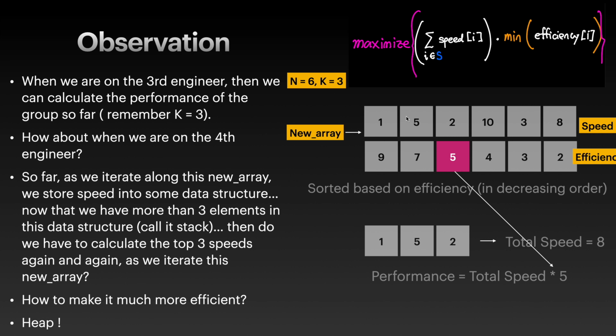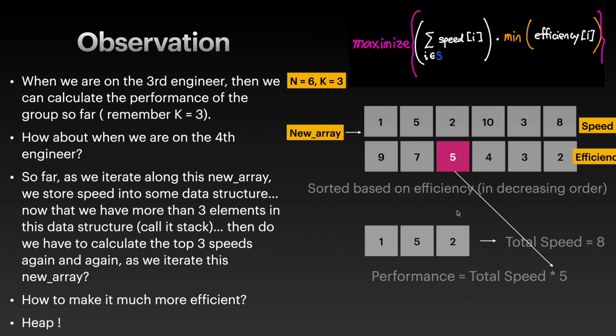So there will be these three engineers. The efficiency will be 5 right here. We don't have to take the minimum here because we are in decreasing order, and as we iterate along, this will be the minimum here, right? And then we just have to sum those three numbers and find the performance here.